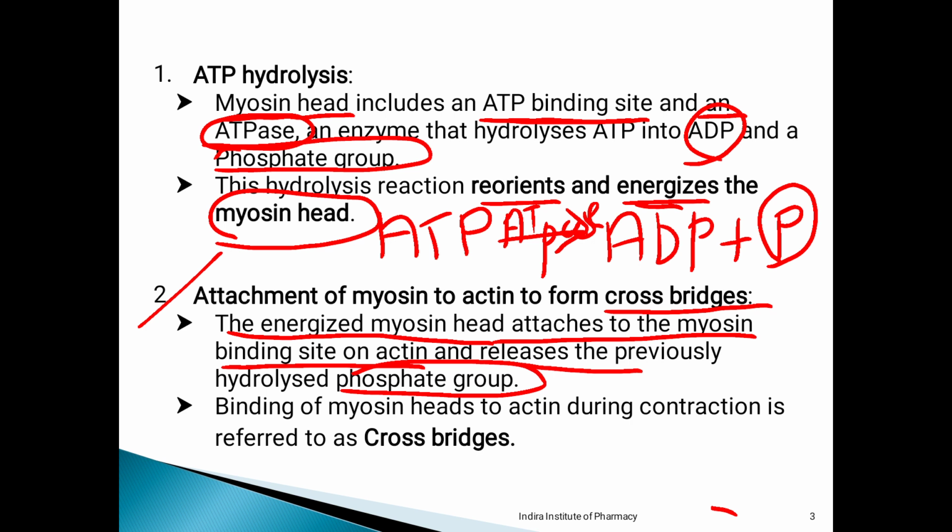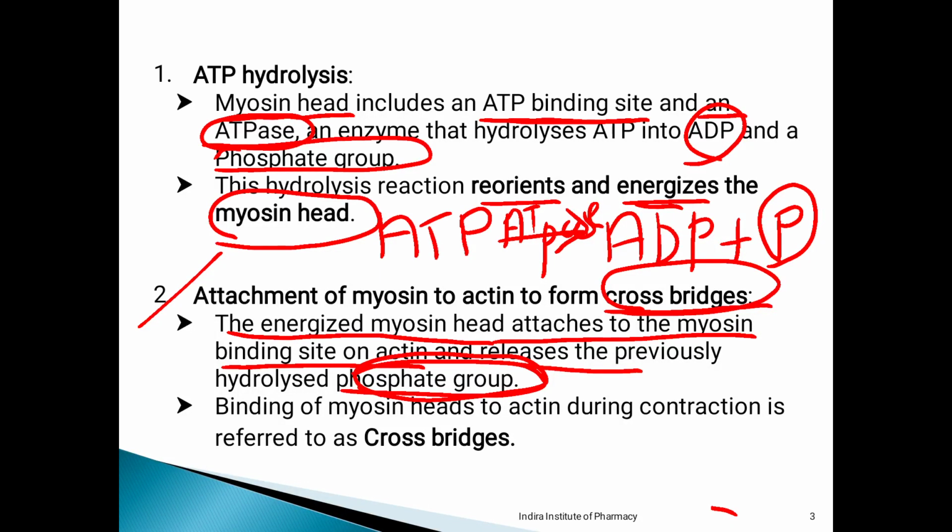Binding of myosin head to actin during contraction is referred to as cross bridges. So two things happen: cross bridges are formed and phosphate group is released.